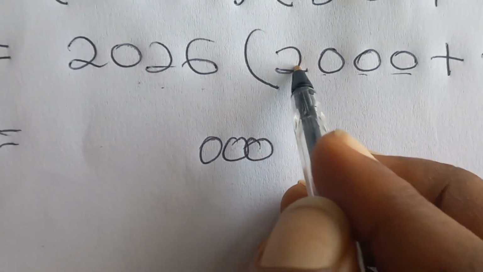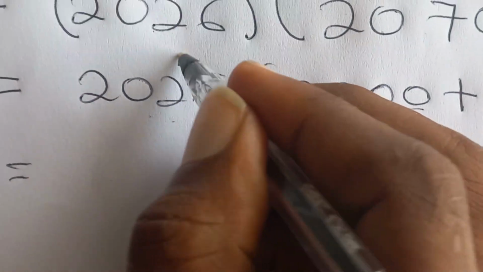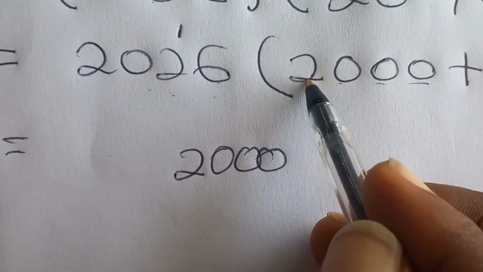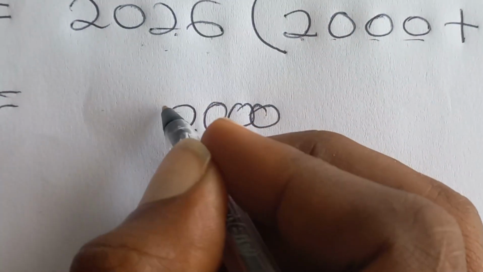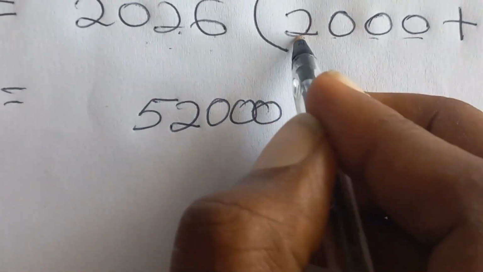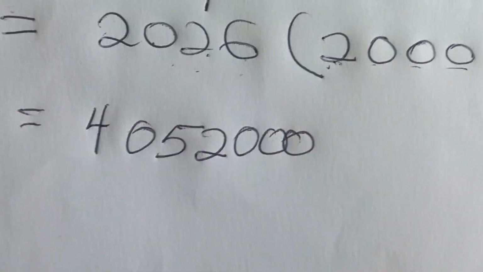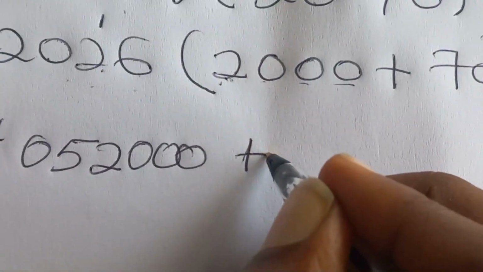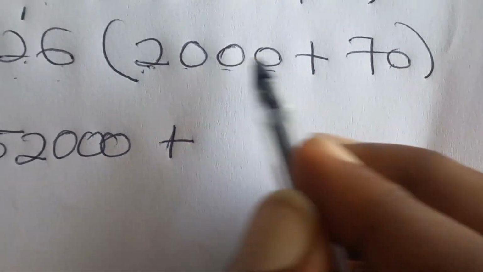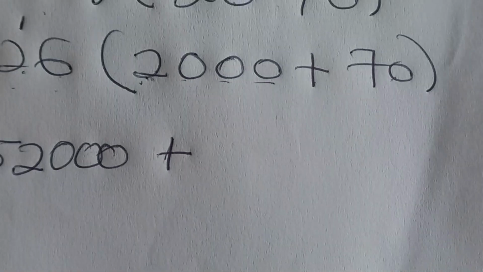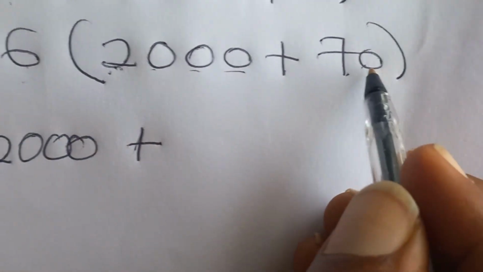Then 2 times 6, which is 12, so we write 2 and carry 1. Then 2 times 2 is 4, and 4 plus 1 is 5. Then the next row starts with 0.